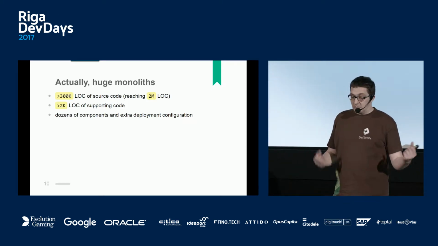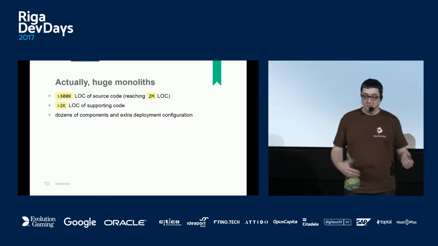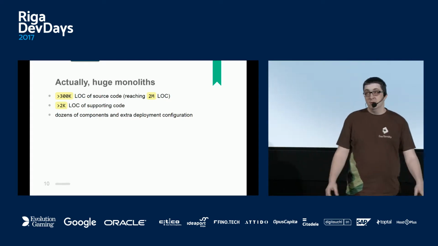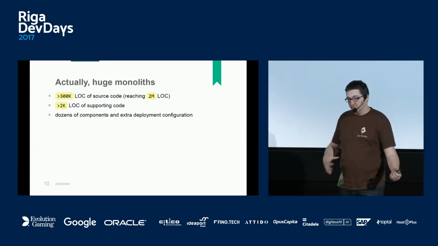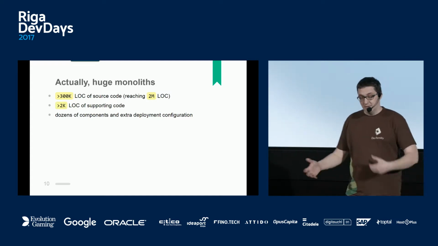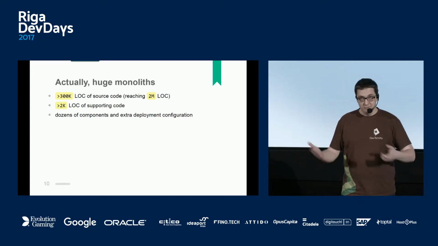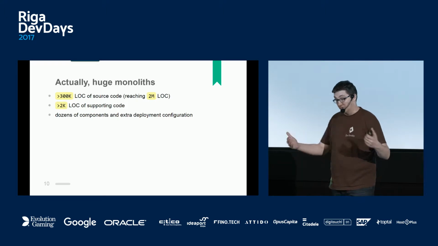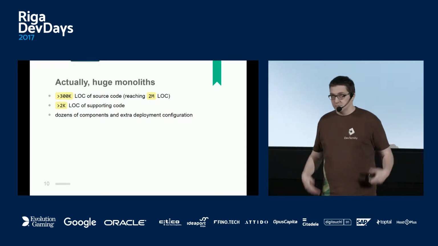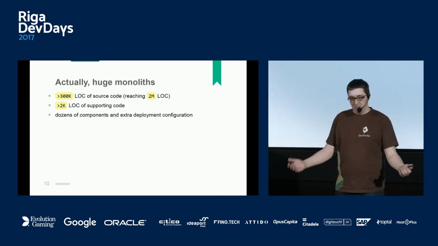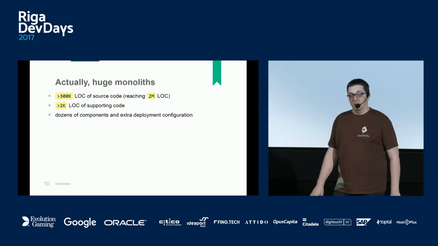And the supporting code needed to support that hydra of interconnected components was more than 2,000 lines of code just to support the code base. So build code, supporting scripts, deployment scripts, whatnot. And we had to connect dozens of components to do that.